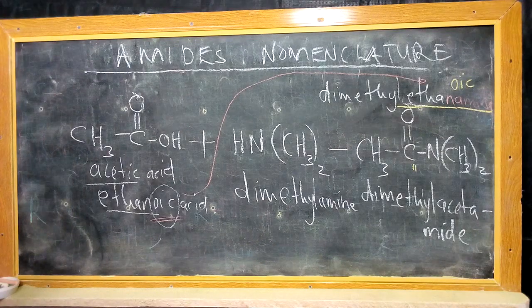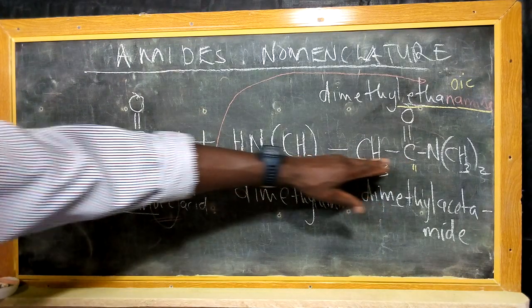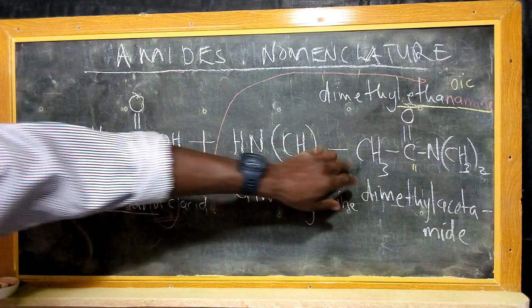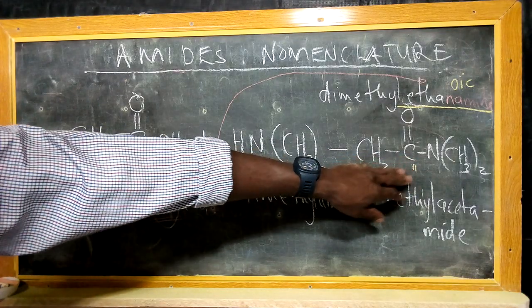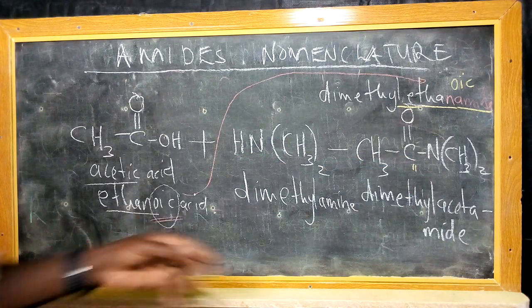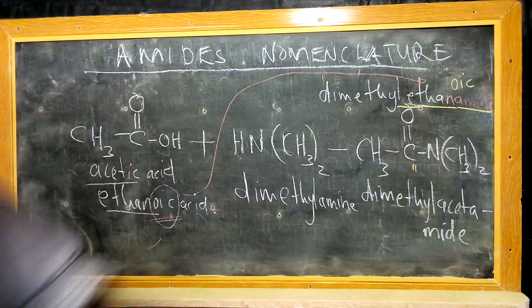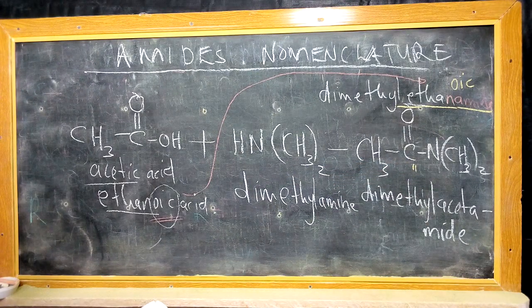So if we have a radical that is a long chain apart from the ethyl group of the carboxylic acid, that is ethanoic acid, then that is where the numbering begins from.